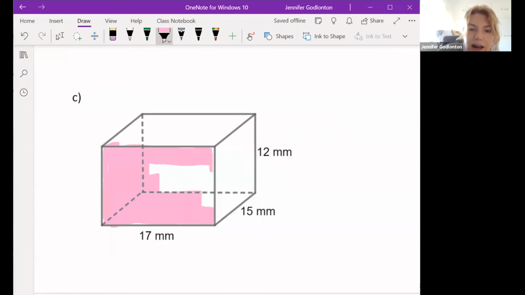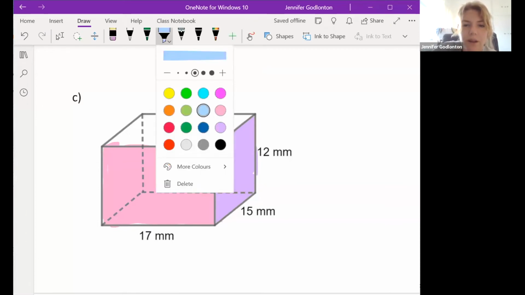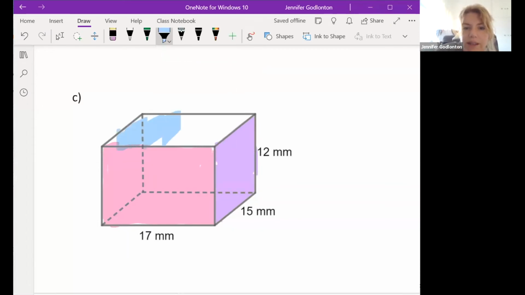I'm just going to highlight the different sides so that you can see it, because remember, if you had this in front of you, you'd be able to do that yourselves. So we've got these 3 sides over here that I'd be wanting to find the area of. See if you can find those areas. See if you can find my surface area here. My units are going to be squared. Just do your best.